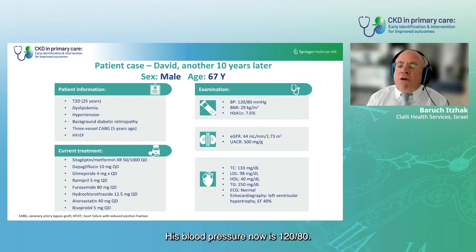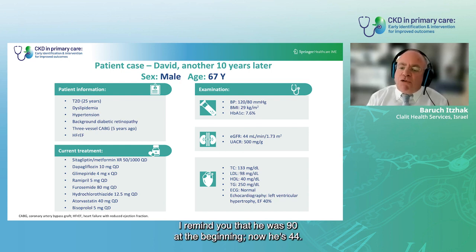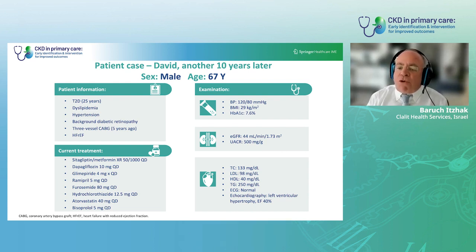His blood pressure now is 120/80. His body mass index is 29. His A1C is 7.6. His estimated GFR is now 44. I remind you that he was 90 at the beginning. Now he is 44. His urinary albumin creatinine ratio is 500 milligrams per gram.